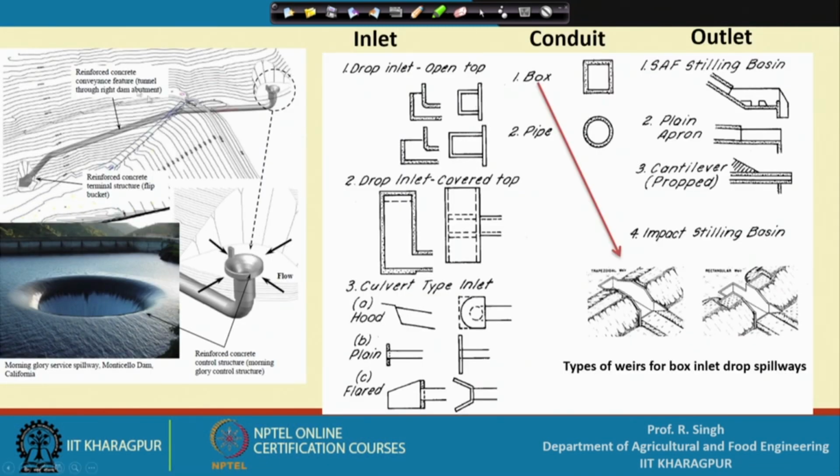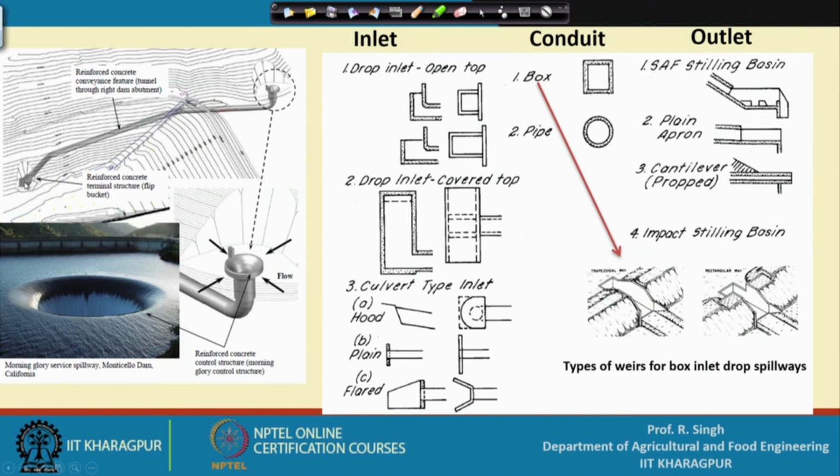So, this is a drop inlet spillway. On the left side you can see a morning glory service spillway, one of the structures located in Monticello Dam in California. And here you can see the reinforced concrete conveyance feature, or the tunnel, to the right abutment of the dam.